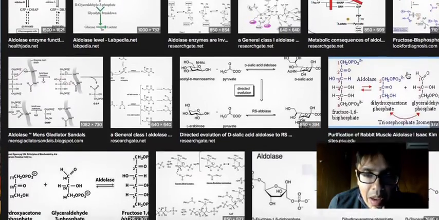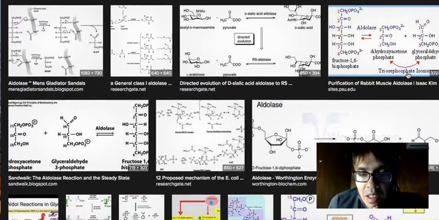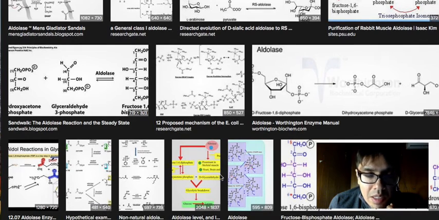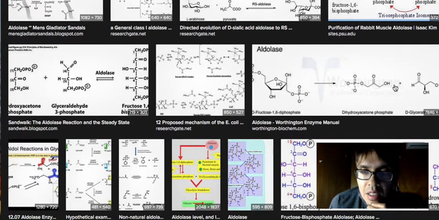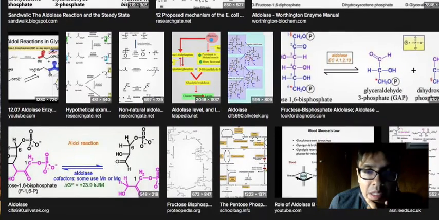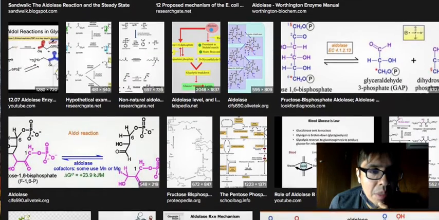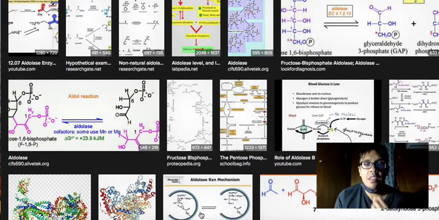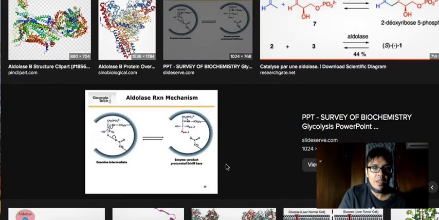I'm going to go a little more into that later on, but just to talk a little bit about what aldolase is doing, it's cleaving these 2 molecules, and these 2 molecules then move to the next enzyme. We also want to talk about regulation of this step, and when this aldolase comes into play, what else is needed, and we'll talk about the reaction mechanism later on, because the reaction mechanism is quite involved.